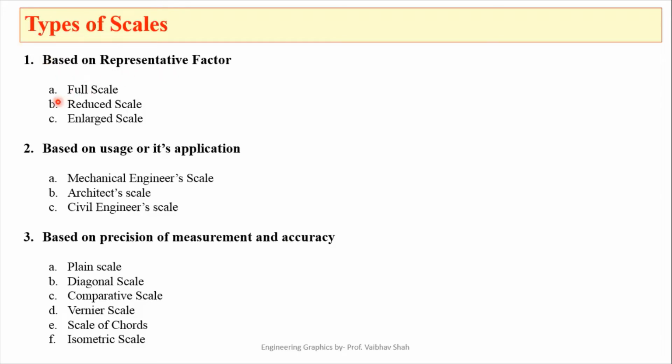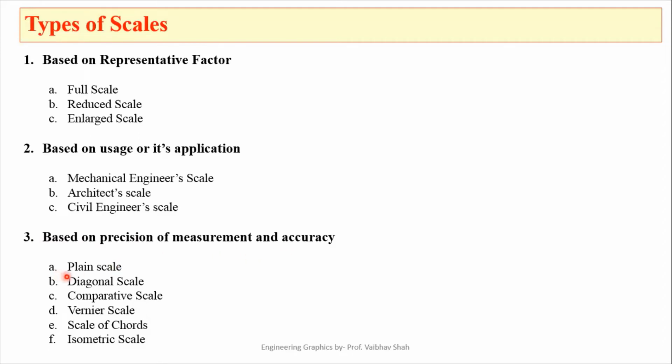It can be divided into full scale, reduced scale, and enlarged scale. Next, based on usage or its application, it can be further divided into mechanical engineer scale, architect scale, and civil engineer scale. Next, based on precision of measurement and accuracy.